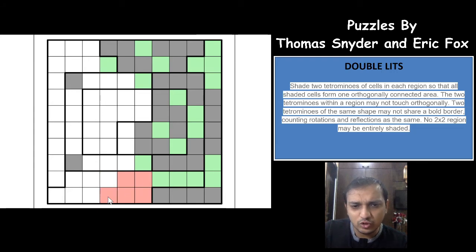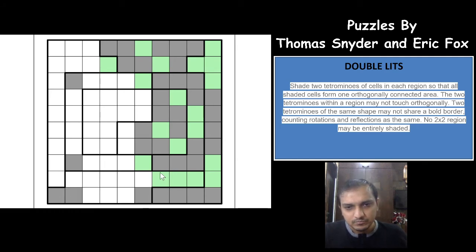You cannot use only 5 cells and the other cell for the second tetromino. You'll use at least these 6 cells for one of the tetrominos, because all of these 4 cannot be shaded and one of these 2 cells will have to be shaded. Right? So out of these 6 cells, 4 cells will be used for one tetromino, which means that out of these 5 cells, both of these will have to be shaded for the second tetromino.